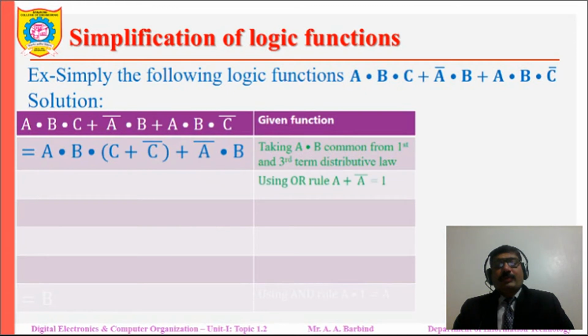Then, using the OR rule, that is a or a bar is 1, so it is applied to this c or c bar, it will be 1. So you can write c or c bar is written 1. Then we can write a and b, and you can use the rule a and 1 is equal to a.